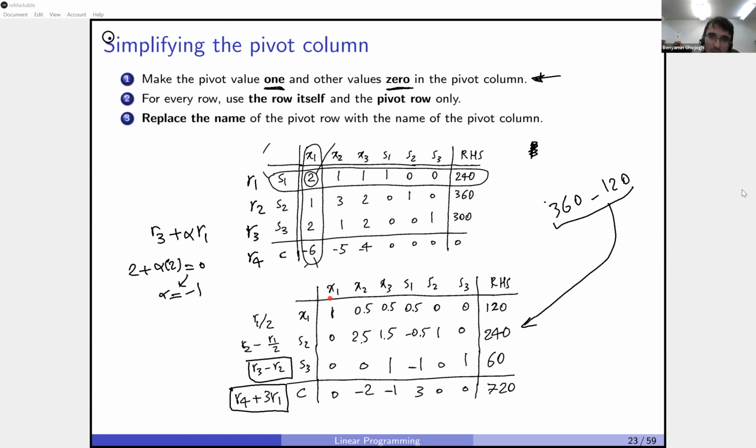And this variable will be called basic variable. We will introduce that in a few slides. So basic variables are the variables which have only one and the rest 0. This will be called basic variable in Simplex method, in Tableau method. And the other ones will be non-basic variables.